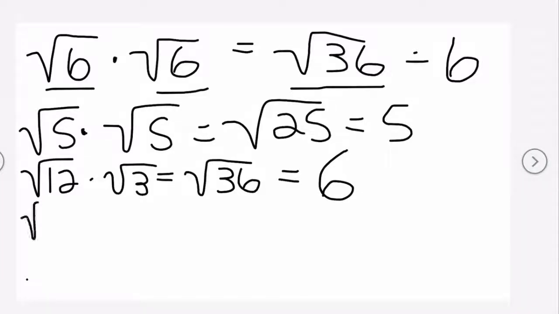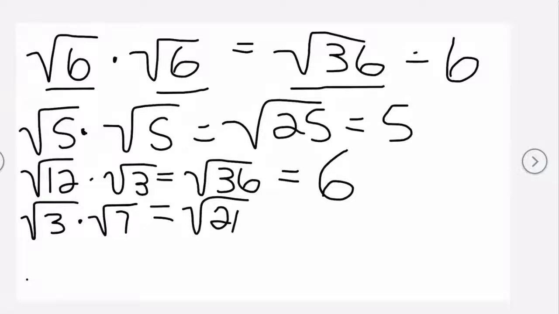For example, if I have two square roots that are not perfect square roots, say the square root of 3 times the square root of 7, both are non-perfect square roots, so they're both irrational. When I multiply those, it gives me the square root of 21. 21 is not a perfect square, so this is an example where, when you're multiplying two irrational numbers, the solution is also irrational.